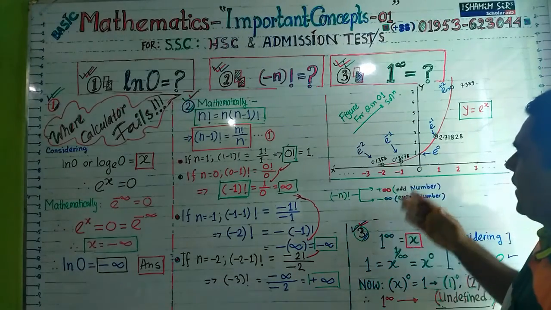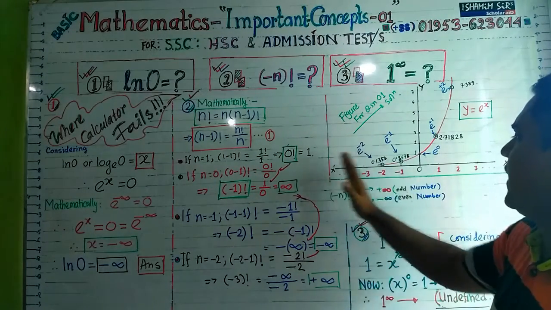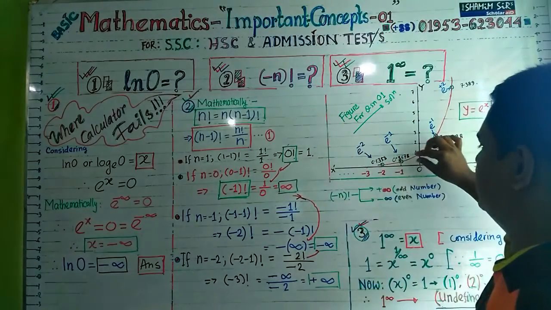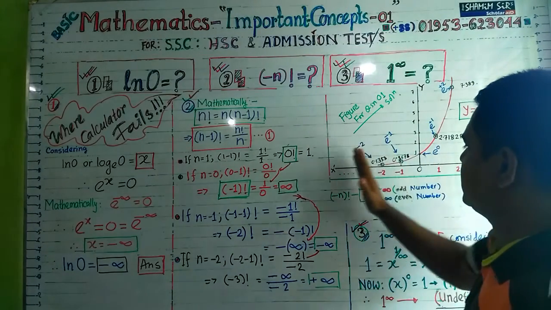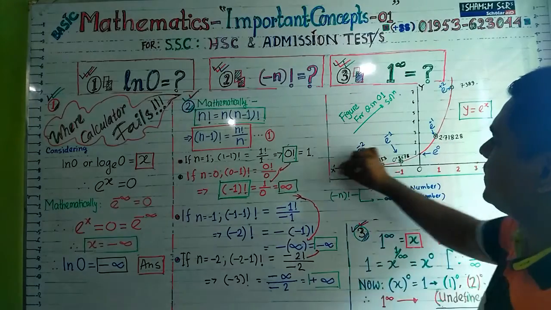It's very obvious that if we move towards negative values, we get very small values. That means if we move towards negative infinity, we are moving towards 0.